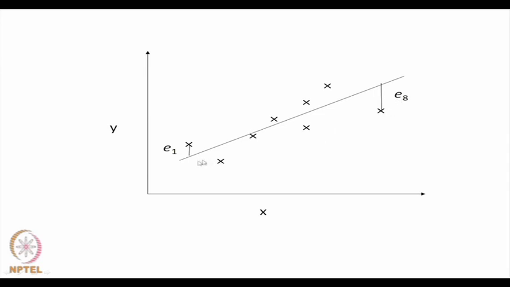And by the way, a point lying here is the estimated value of y for this value of x. So, basically this line is the y hat line, and the actual value is here, the difference is the residual E i.